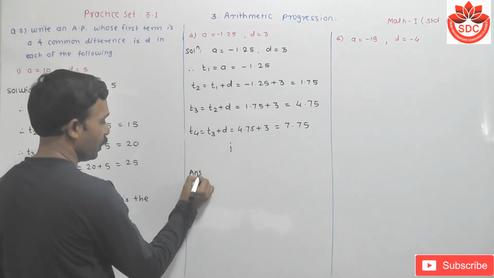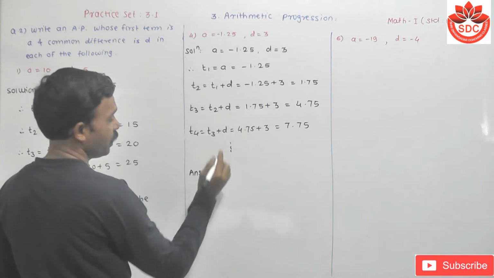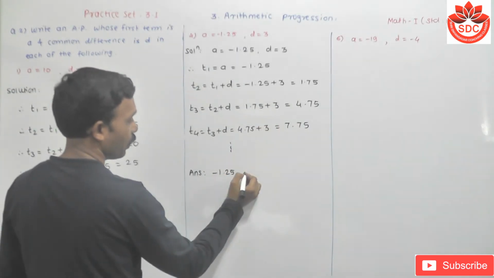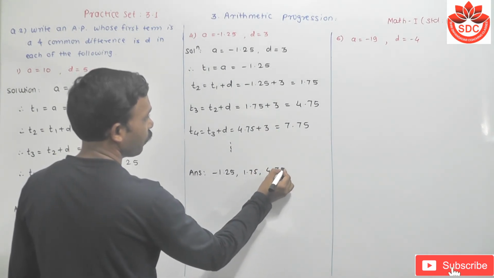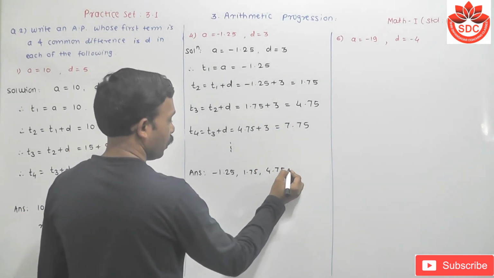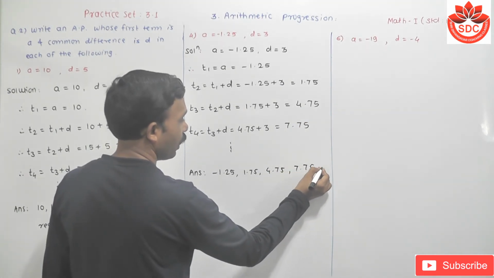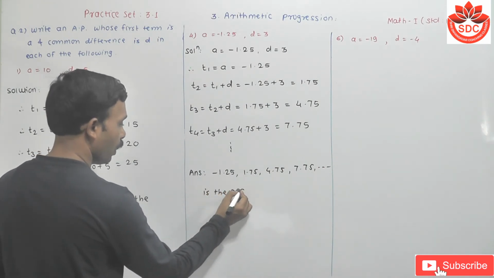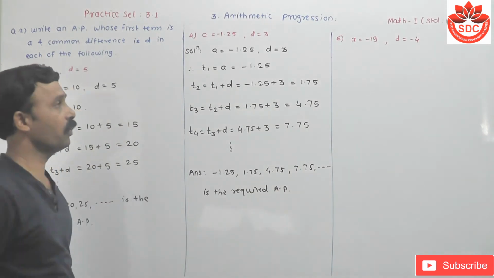Therefore, the answer in a full sentence: the given arithmetic progression is minus 1.25, 1.75, 4.75, 7.75 and so on is the required AP.